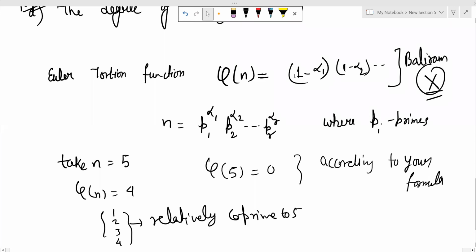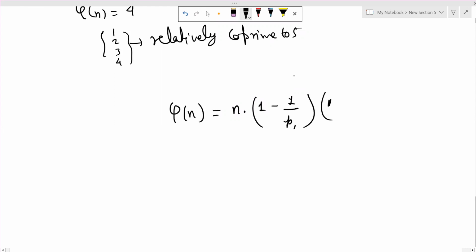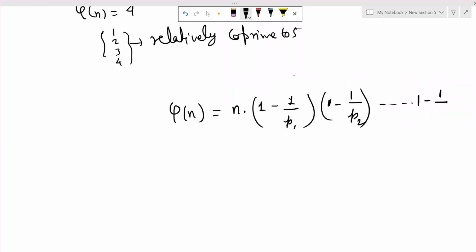So let me explain how to compute. phi n is equal to n times (1 minus 1 over p1) times (1 minus 1 over p2) and so on up to (1 minus 1 over pr), whatever the decomposition.